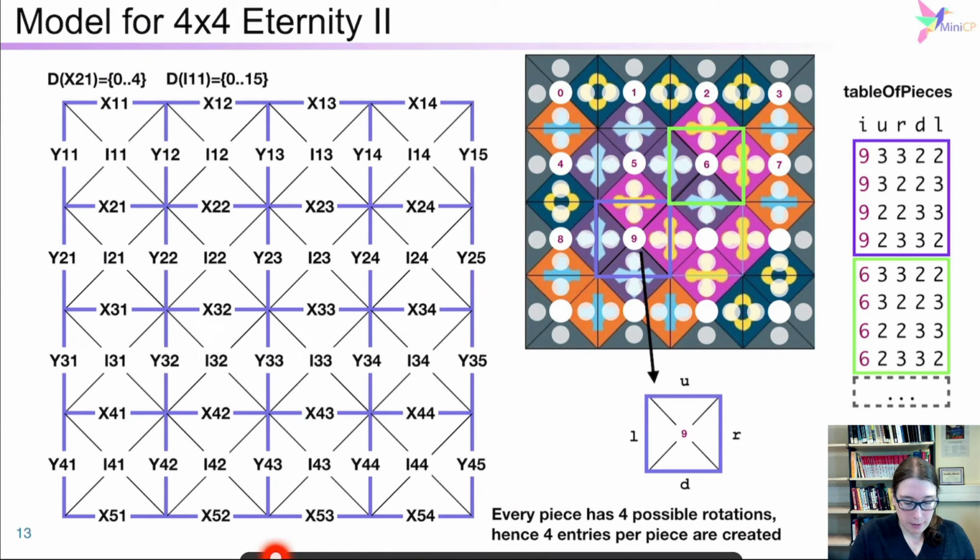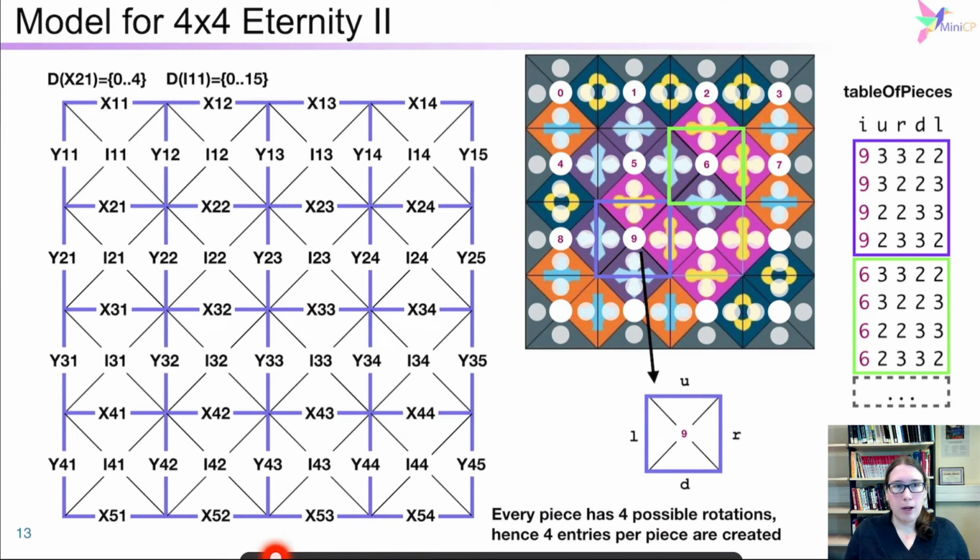This is why each time we have neighbor edges, we will use the same variable. This is valid here, but also here, here, here, here. And for each of the squares we have the IDs of the tiles that will be put on the board.